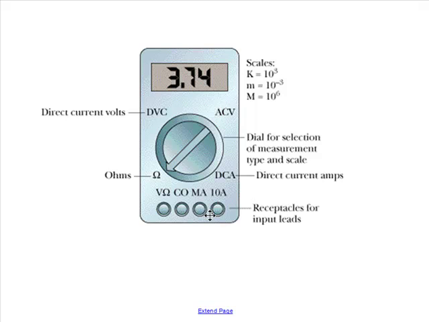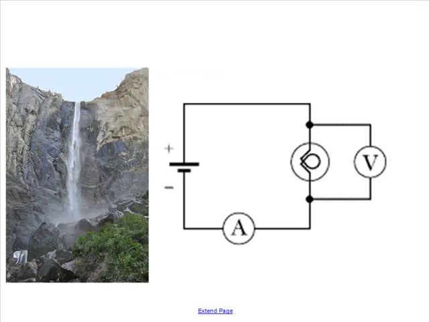Now, how do we want to wire it in for each of those devices? Well, let's look back at our waterfall analogy. If I want to know the height of the waterfall, I need to make a measurement before and after the waterfall.